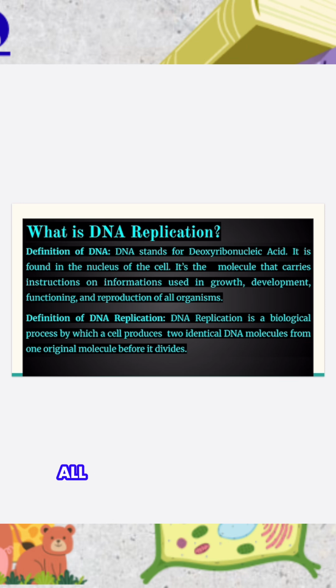I'm very sure you all remember mitosis and meiosis. In case you don't know that, don't worry, as we go, we'll talk about this also. So DNA replication ensures that every new cell has the same instruction manual as the parent cell. For example, think of it like copying a recipe. Before you share a recipe with someone else, you make sure every ingredient is written correctly so that they can cook the same dish.